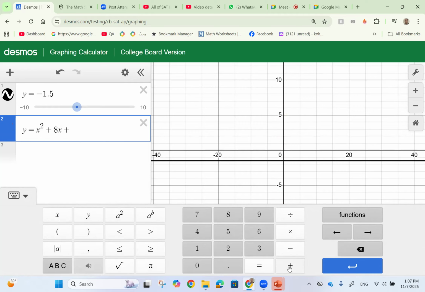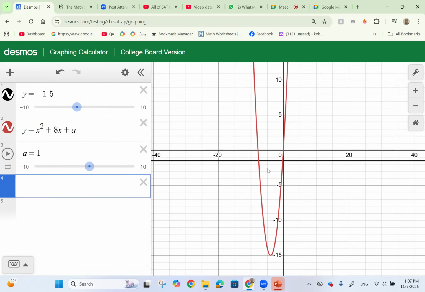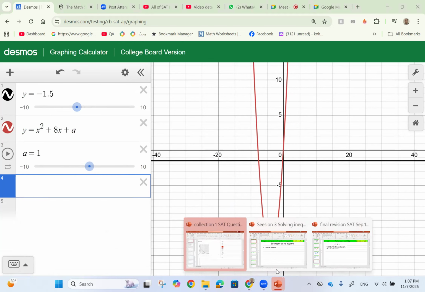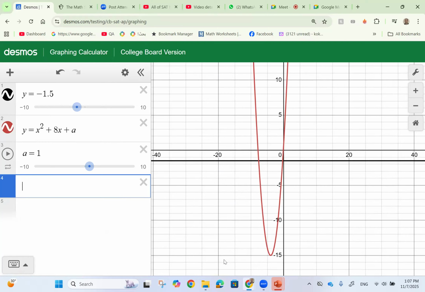Enter. Now, as you see, the line is here. Don't forget the question. I need the system to have exactly one solution. Exactly one solution means intersection in one point.